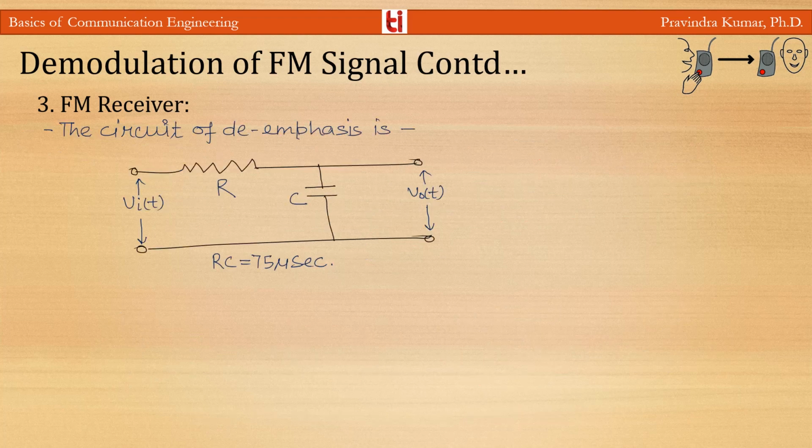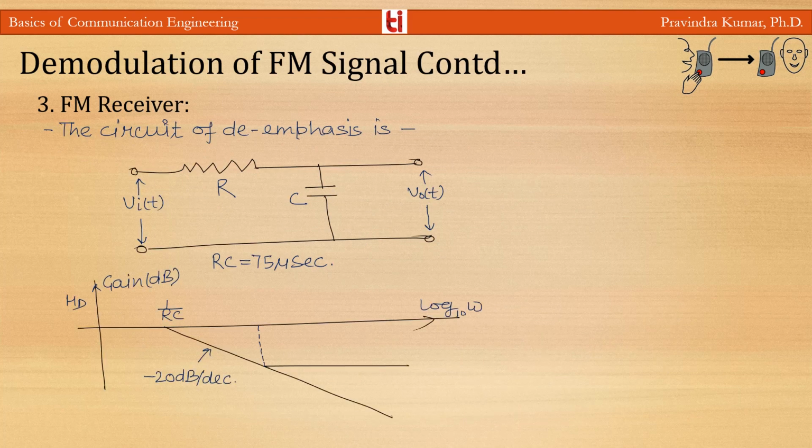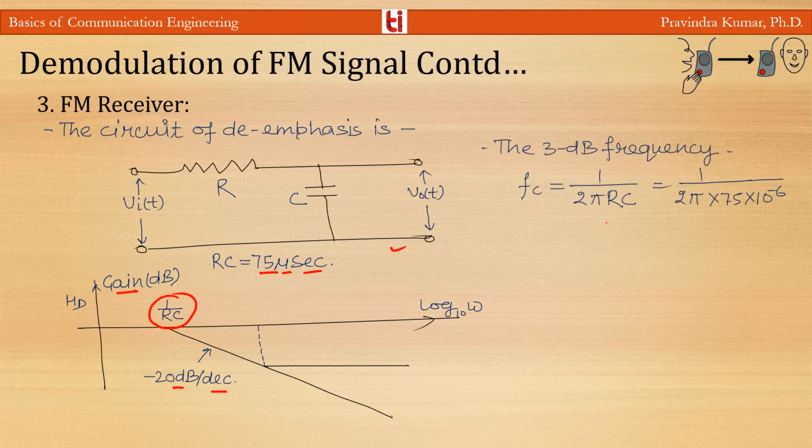So the de-emphasis circuit you can see in your figure, and the time constant is 75 microseconds. This is the amplitude spectrum, and you can see from 1 by RC there is minus 20 dB per decade, and the 3 dB point Fc will be 1 by 2 pi RC, equal to 1 by 2 pi into 75 into 10 to the power minus 6, that is 75 microseconds.